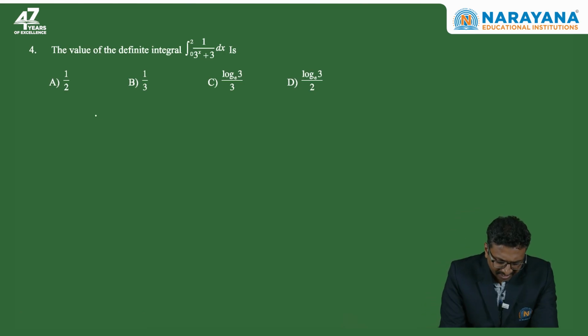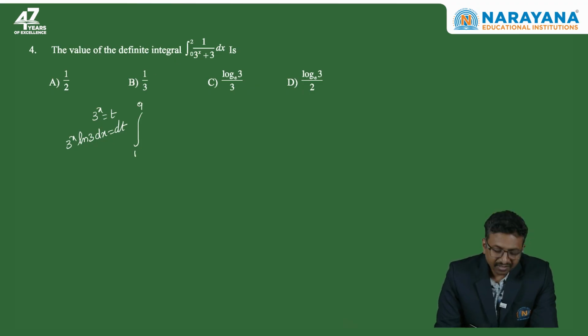So let us take 3 power x as t. So if you differentiate it, 3 power x ln 3 dx is equal to dt. When x is equal to 0, 3 power x is 1. When x is equal to 2, 3 power x is 9.